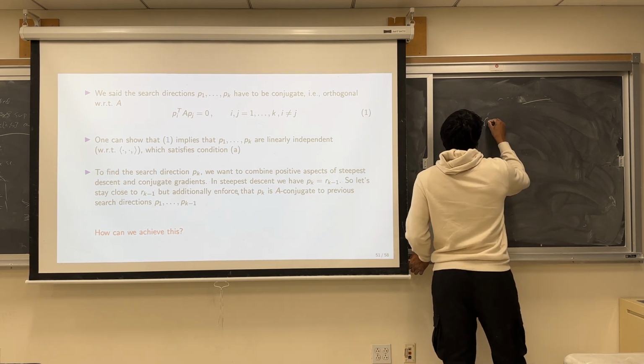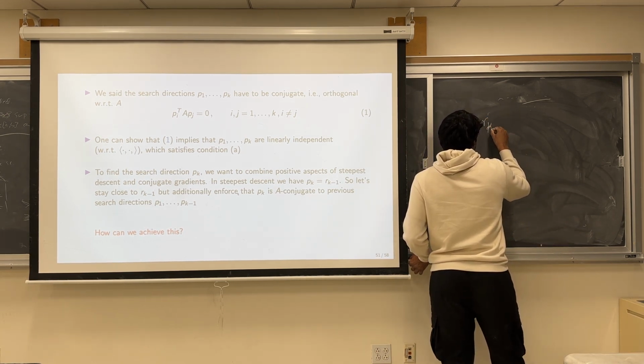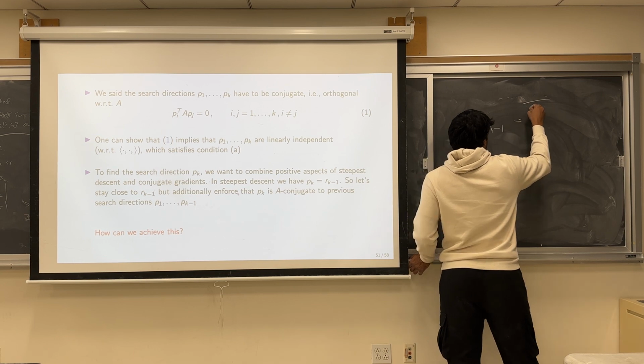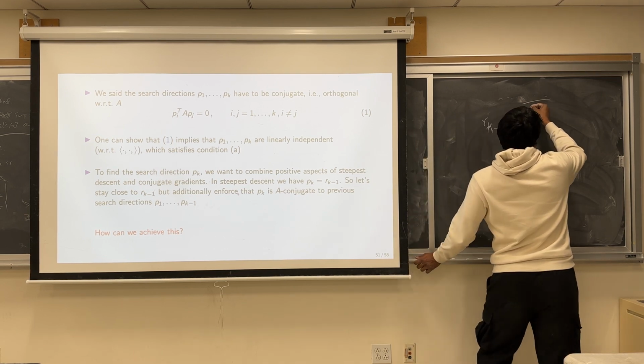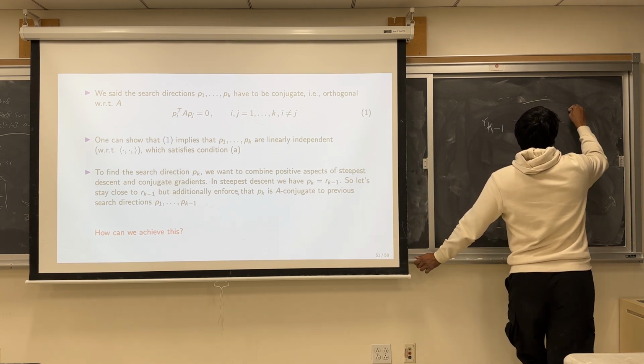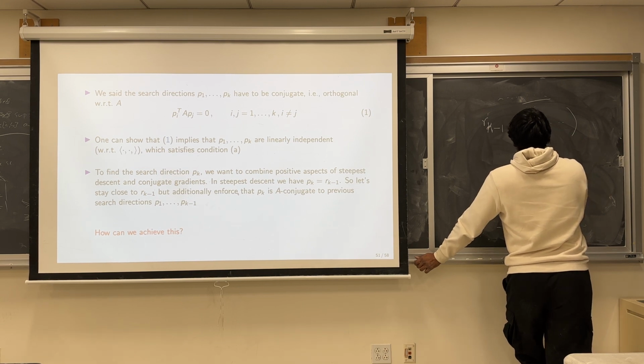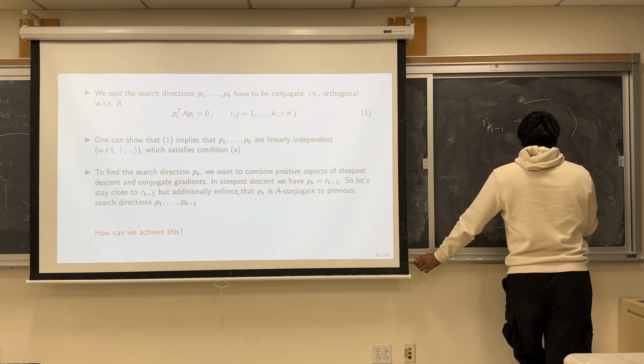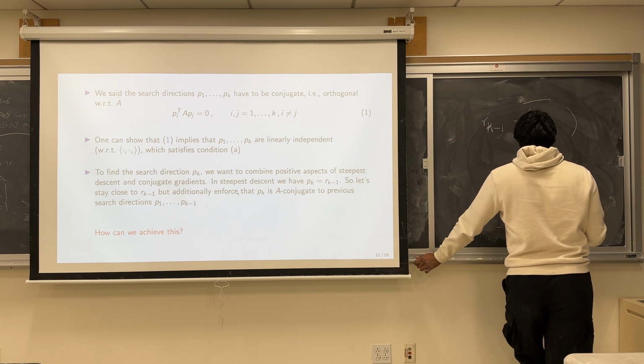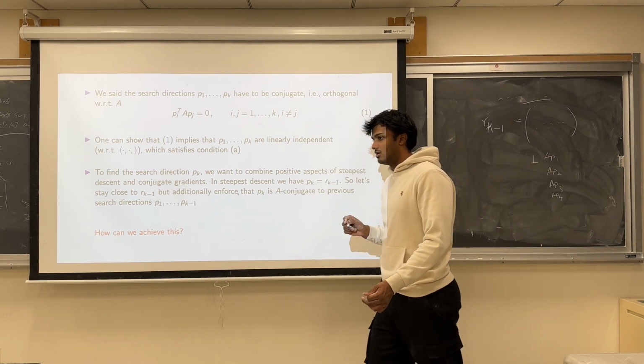First I choose my rk, whatever my residual is at the k minus 1th step, and then I also want to subtract some things such that it is perpendicular to Ap1, Ap2, Ap3, Ap4, etc. What I can do is Gram-Schmidt orthogonalization.